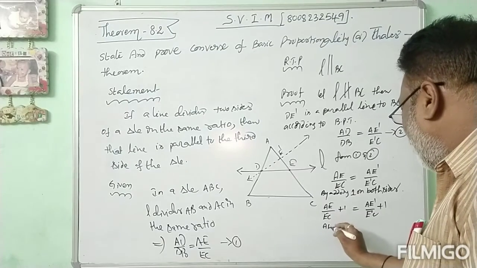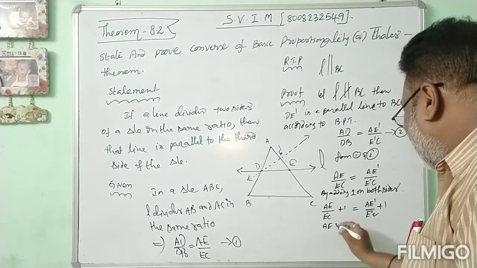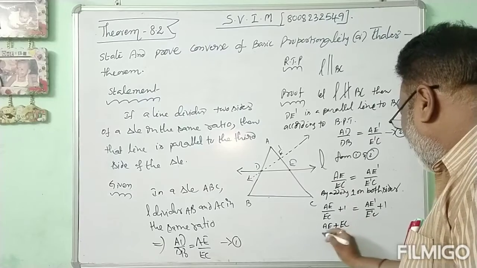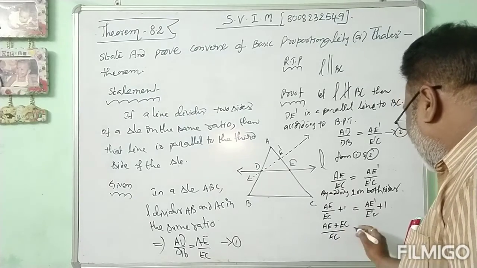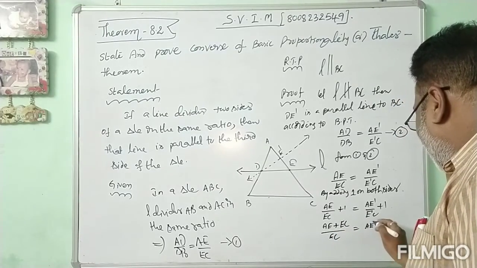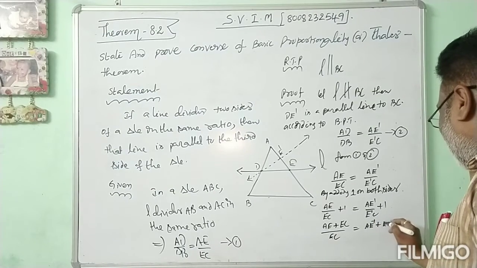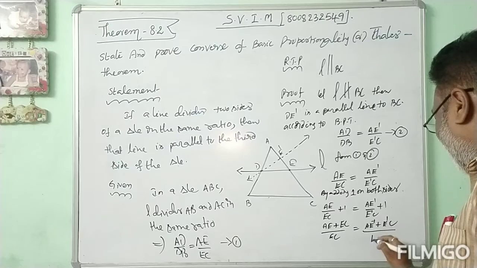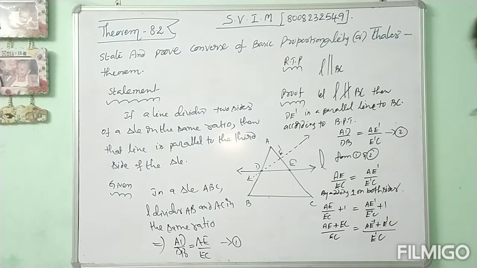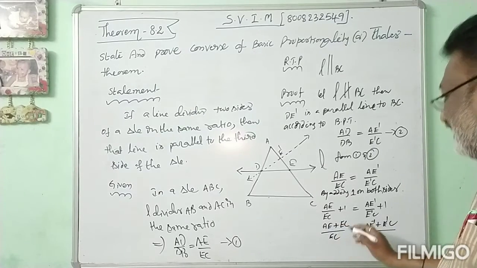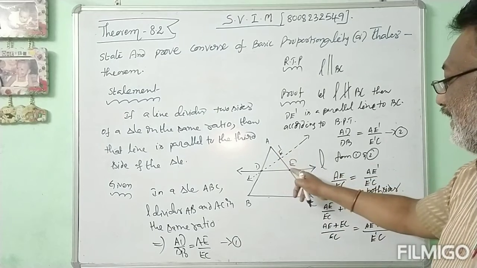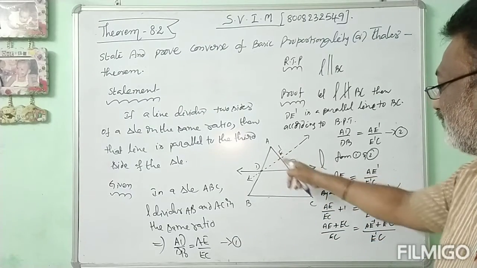Now we can write AE plus EC by EC, that is equal to AE dash plus E dash C by E dash C. AE plus EC is nothing but what?